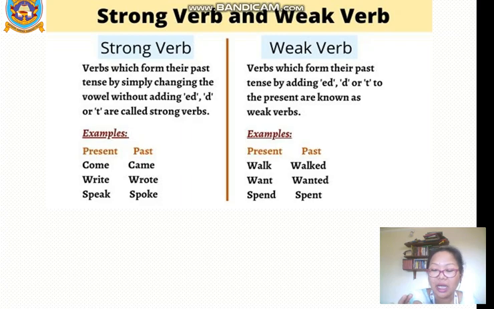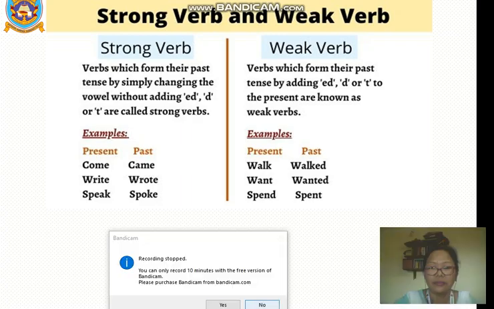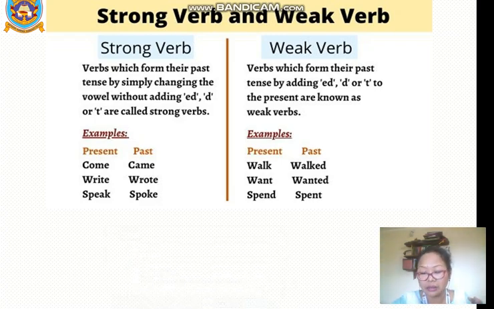Feed, fed. Hang, hung. Leave, left. These are some examples of weak verbs. These are given on page number 43 of your English grammar book. Please refer to it.